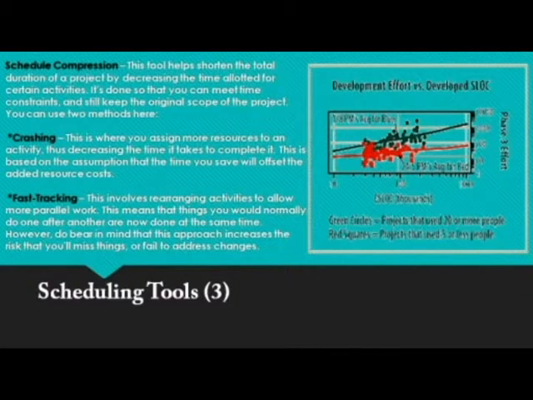However, do bear in mind that this approach increases the risk that you'll miss things or fail to adjust to changes. So, for example, you're multitasking 3 projects all at the same time. You might misplace variables in your codes that one way or another might cause an error.